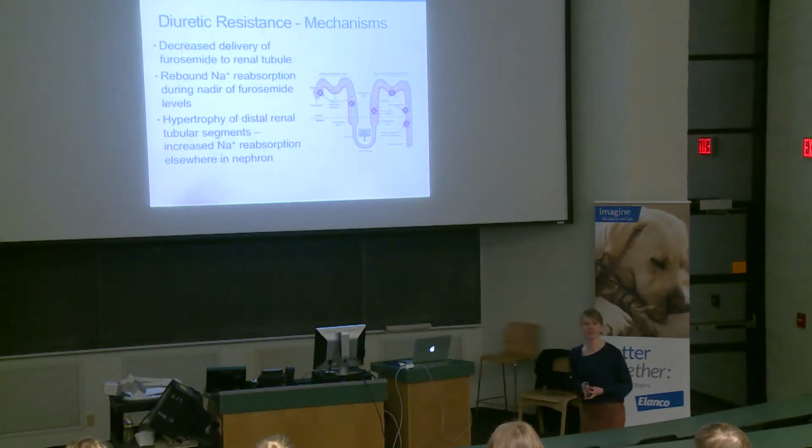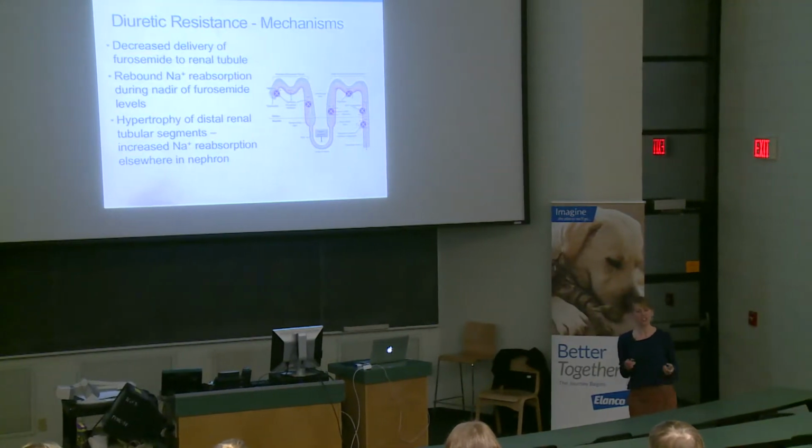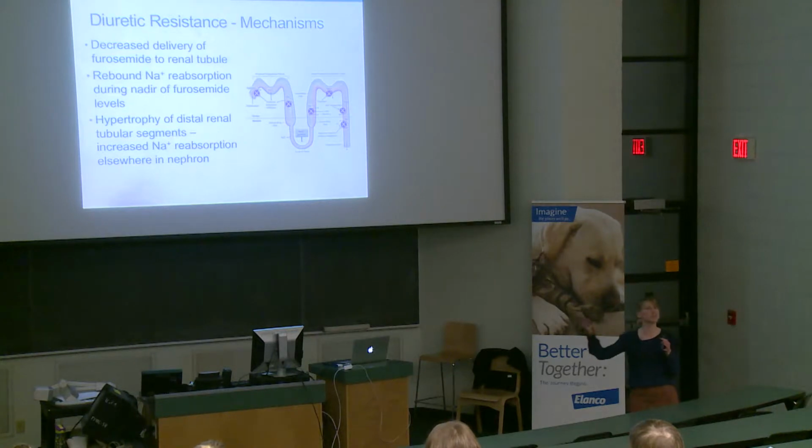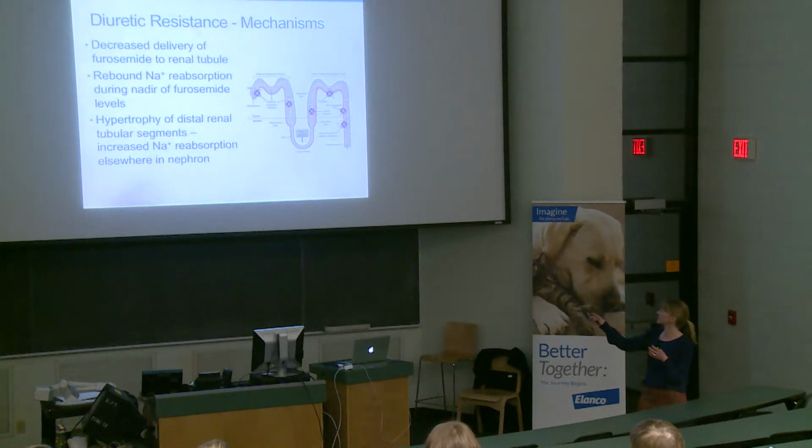And the other interesting thing that happens is patients actually develop hypertrophy of nephron segments distal to where furosemide acts. So the cells in the distal convoluted tubule actually increase their sodium and water reabsorption in response to chronic administration of a loop diuretic. So they kind of beef up their distal mechanisms.